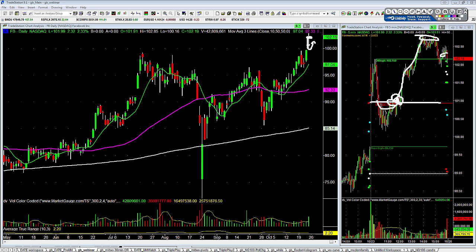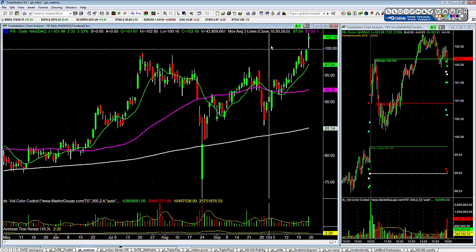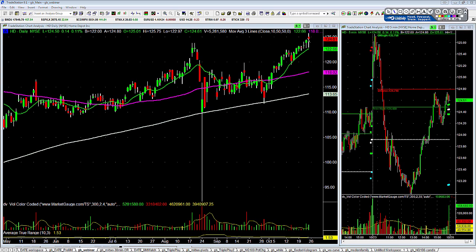If you're a day trader, this was a great trade. But the question is, why this one? Why this one versus, say, a Home Depot, another great stock. Home Depot opened a little higher too, also opened up on new highs, but this thing didn't even pause at its opening range low or reverse.